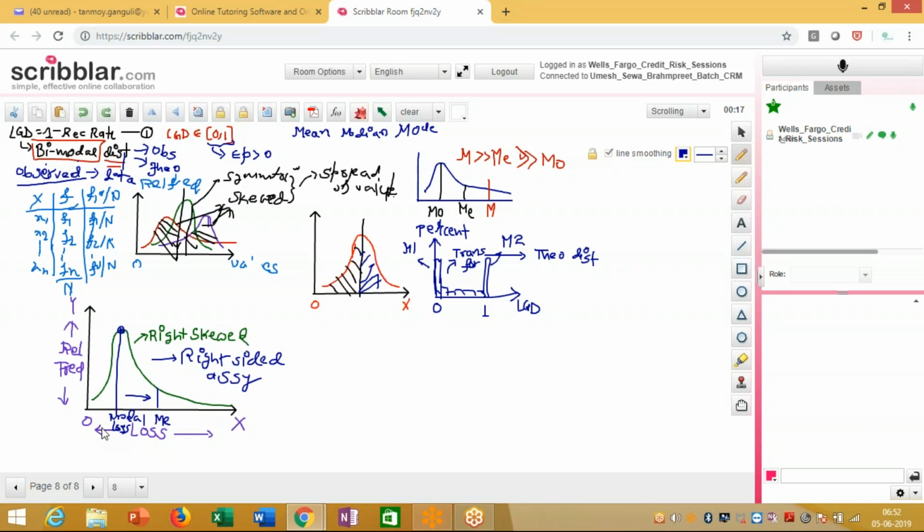So as I move from the modal loss to the median, and from the median, I move to the mean. Now the mean losses in this distribution happen somewhere around here. So the mean losses are even higher than the modal losses.